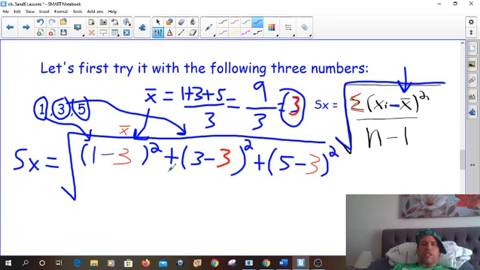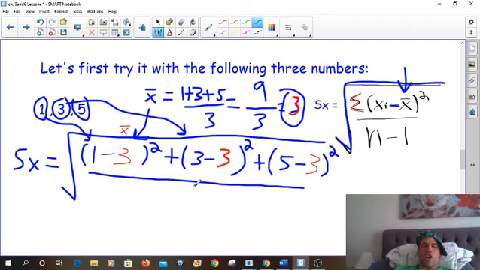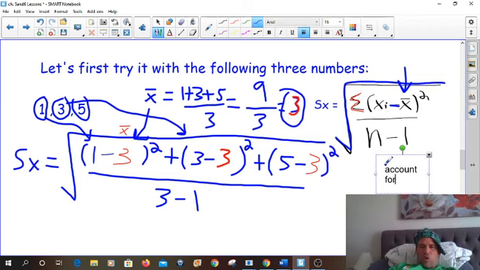Last but not least, we add them all up and then divide by how many there are. We're not just going to divide by 3, even though we added 3 things. We're going to do 3 minus 1, the sample size minus 1. This is n minus 1, to account for any error in our data collecting.